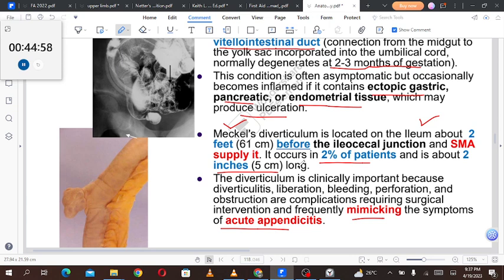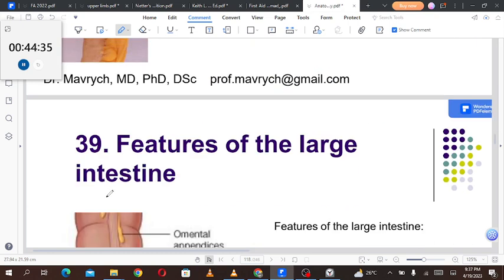In a false diverticulum, for example Zenker's diverticulum in the upper esophagus, only the mucosa and submucosa are herniating outwards, but the muscularis stays in its place. But in Meckel's diverticulum, all 3 layers, mucosa, submucosa, along with the muscularis, are pouching outwards, creating a true diverticulum that we call Meckel's diverticulum, present over here in the picture.